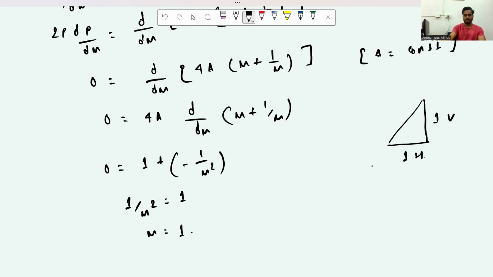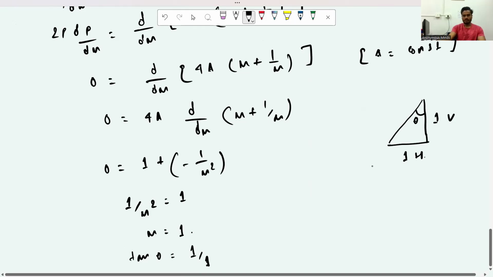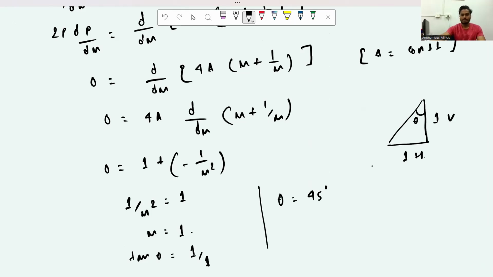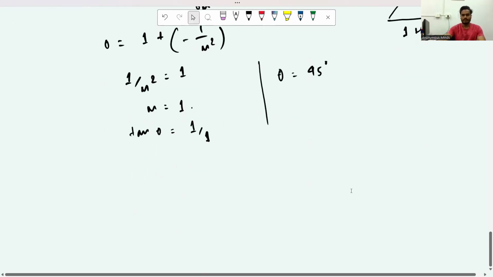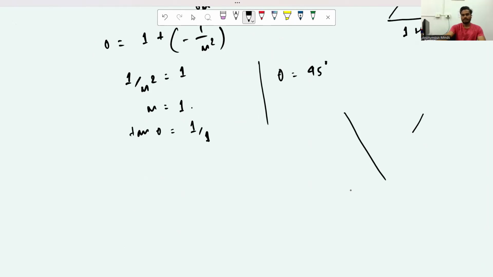That means I can write this will become our theta. So tan theta is equal to 1 upon m, that is 1. So theta is equal to 45 degree. So for a channel to be most efficient triangular section, this theta should be equal to 45 degree.